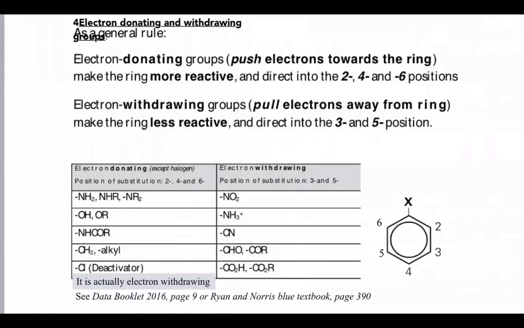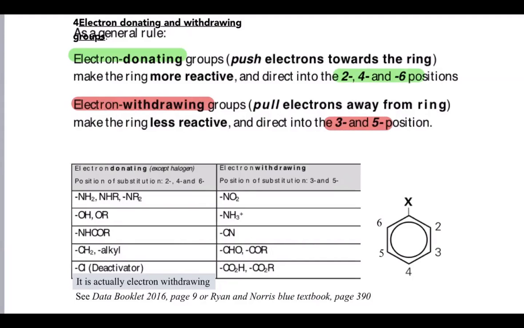When you have a methyl side chain, it is an electron donating group and it activates the 2,4,6. Generally, when you have an electron donating group, they activate the 2,4,6 positions. When you have an electron withdrawing group, they activate the 3 and 5 positions.